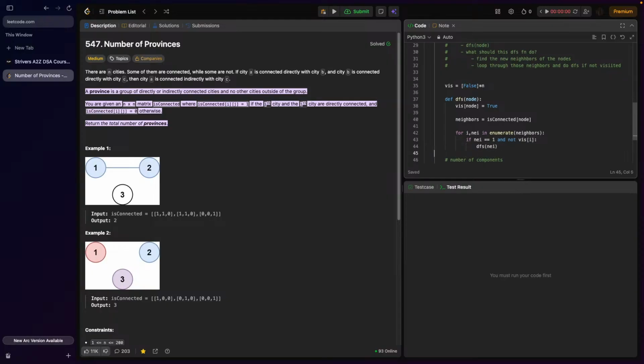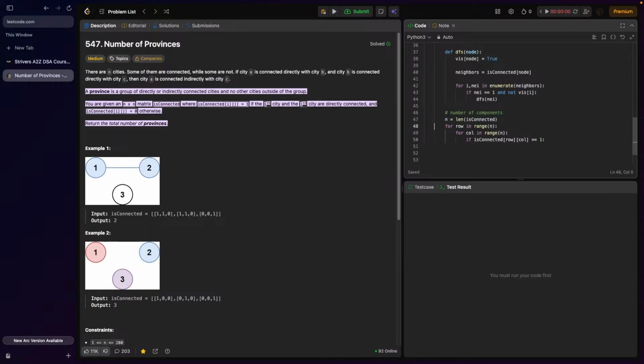So let's do it. There's n, length of connected for i.